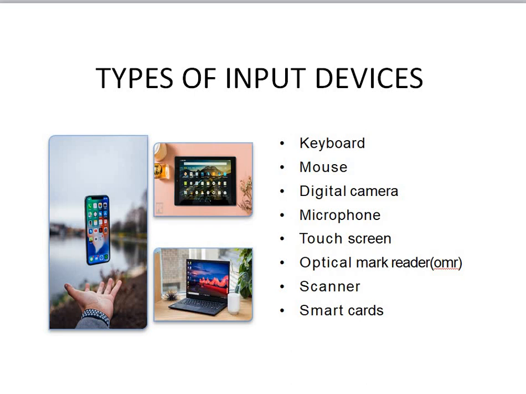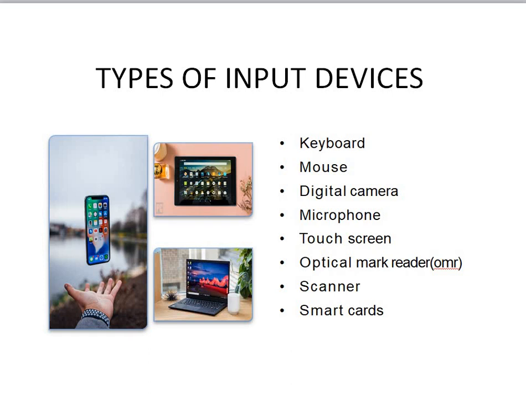Some of them are keyboard, mouse, digital camera, microphone, touch screen, optical mark reader, scanner, and smart cards. Input devices are basically the devices which help you to take input of the data which you are giving to a computer, and according to our convenience and request, it will convert the data into information and give it out through the output devices.